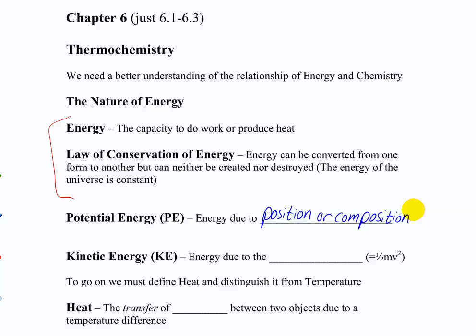And then kinetic energy is energy due to the motion of a body. If you've taken physics, you've probably heard a lot of these kinds of things before. So kinetic energy is the energy of motion.